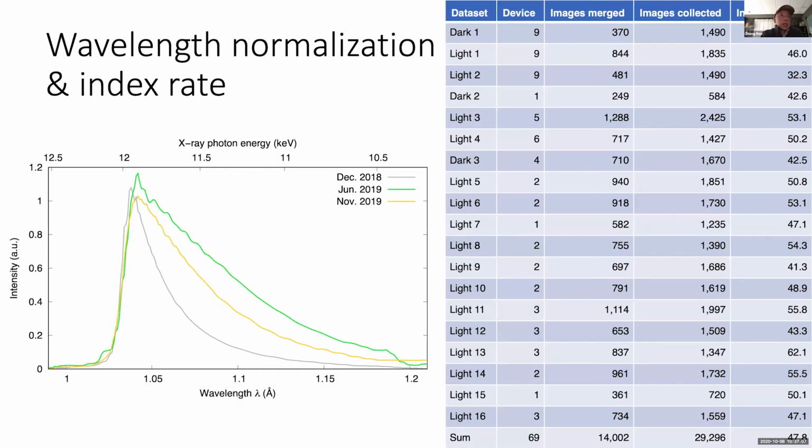Again, this is the wavelength normalization from several of our Laue runs. And I can explain this gray curve, which shows a particularly narrow bandwidth. This is probably because when the Hilo chopper of BioCARS went out of service, Rob had to close down the front end slit a little bit in order to limit the total flux so that we can take a long exposure.